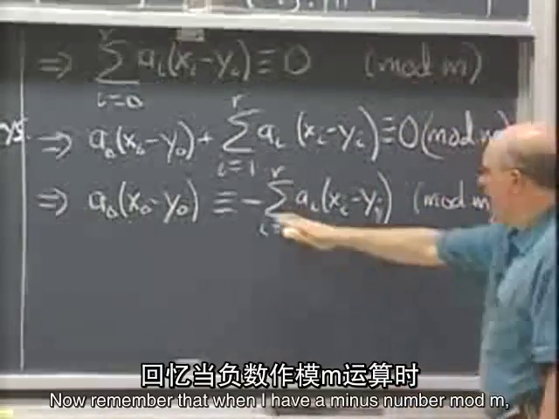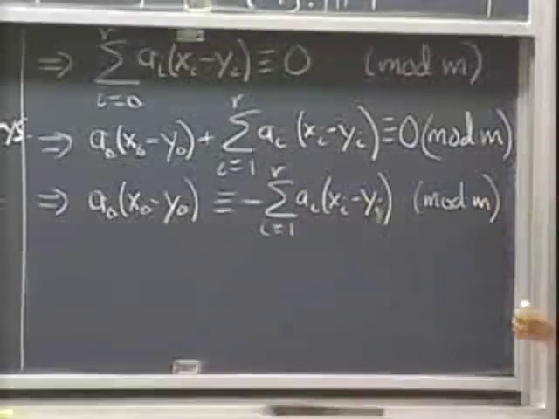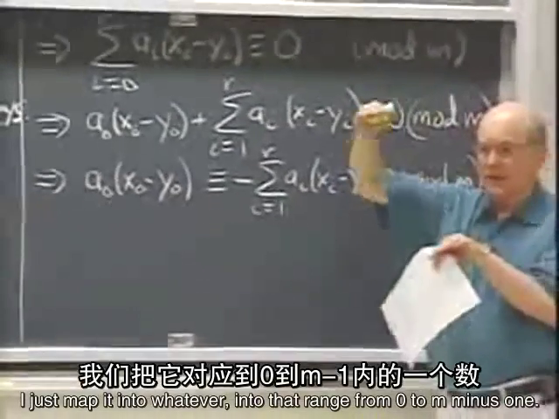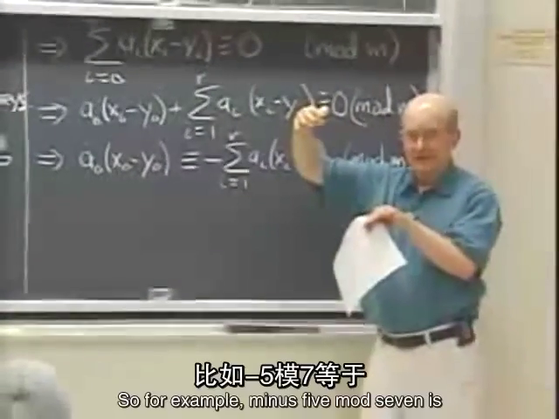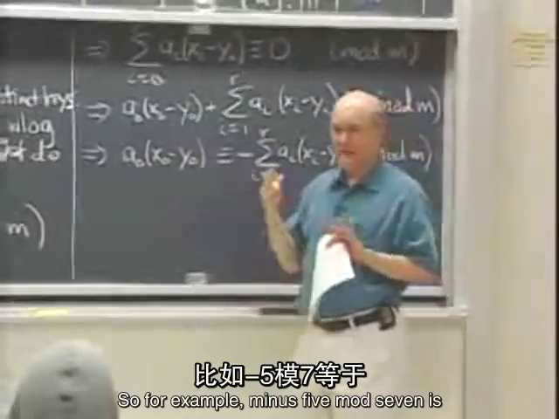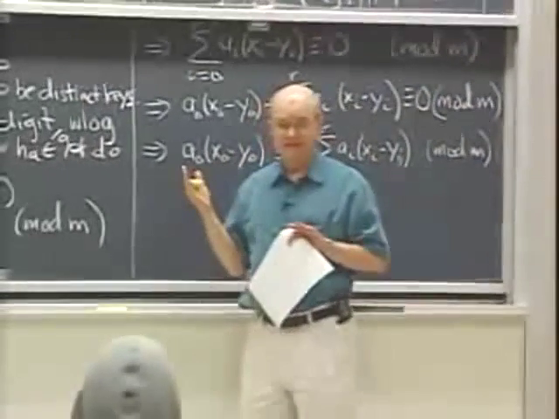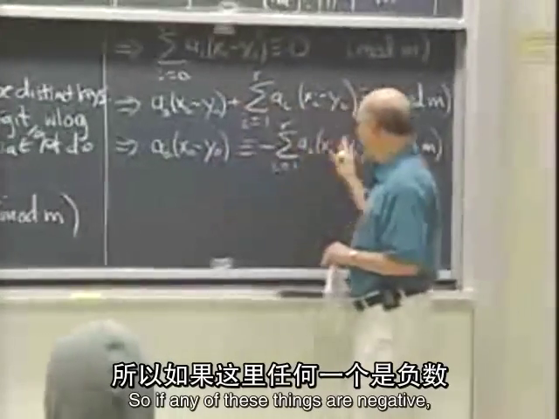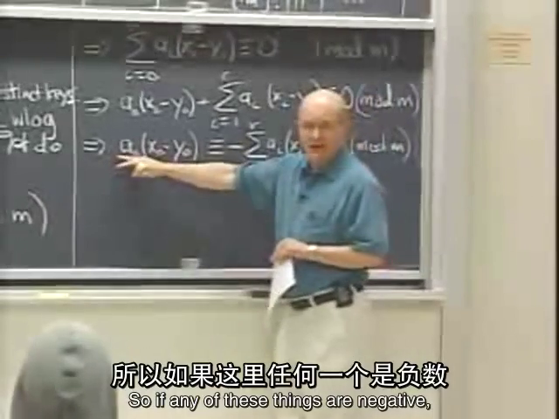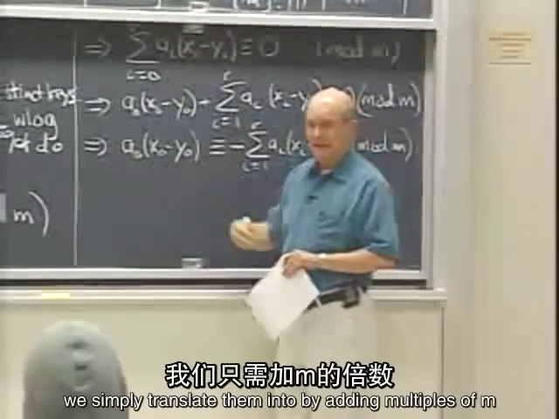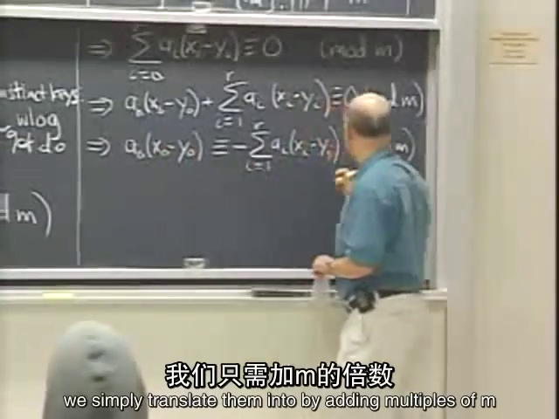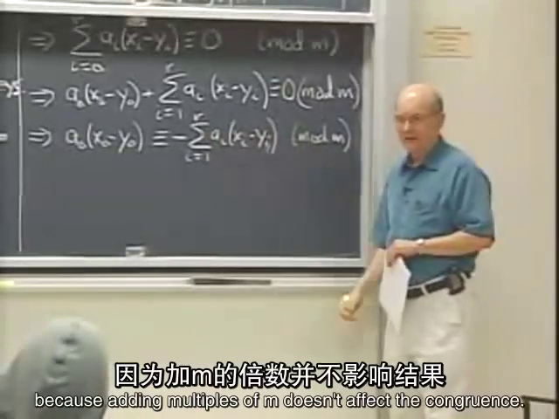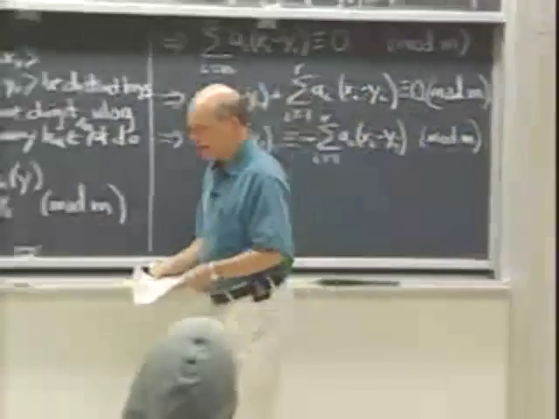Now remember that when I have a minus number mod m, I just map it into that range from 0 to m minus 1. Okay, so for example, minus 5 mod 7 is 2. So if any of these things are negative, we simply translate them by adding multiples of m, because adding multiples of m doesn't affect the congruence.